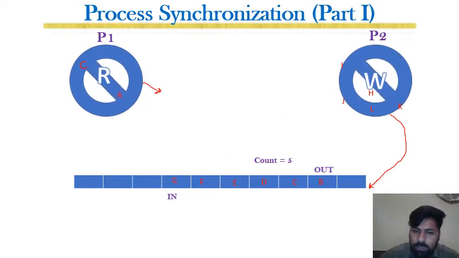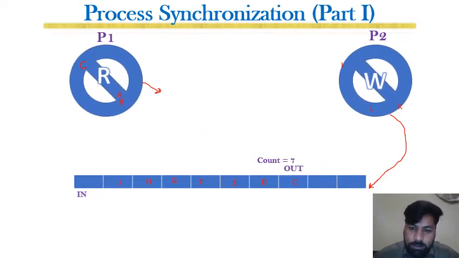At this moment for example g is generated, placed in the buffer, and count is incremented and in is moved ahead. Now for example we generate another character that is placed at the in pointer, and at that moment count is incremented, and the in pointer will be incremented.